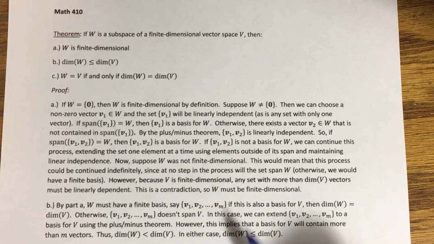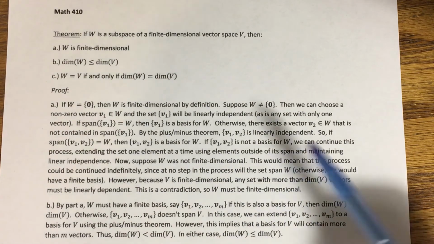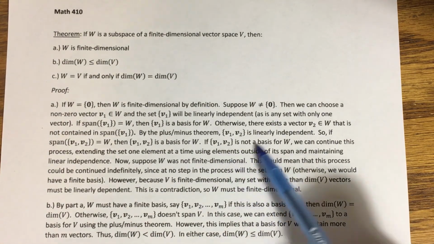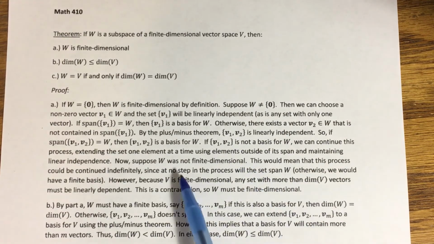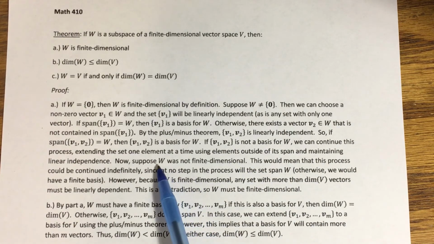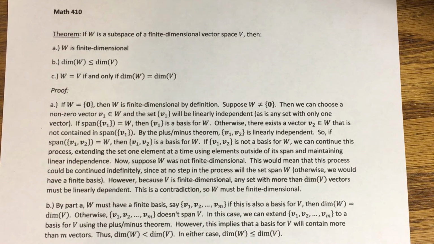Any set with more vectors than the dimension of a vector space is automatically linearly dependent. That contradicts the fact that this should continue to be linearly independent forever. What that's really contradicting is the assumption that W is not finite dimensional. So by that contradiction, we have to say that W is finite dimensional.